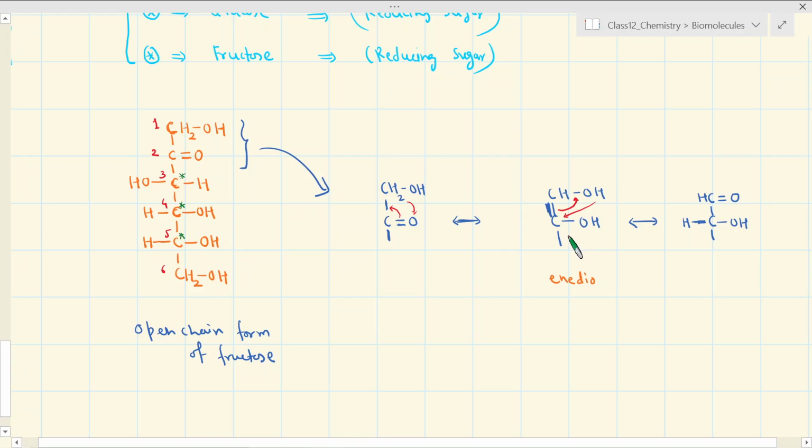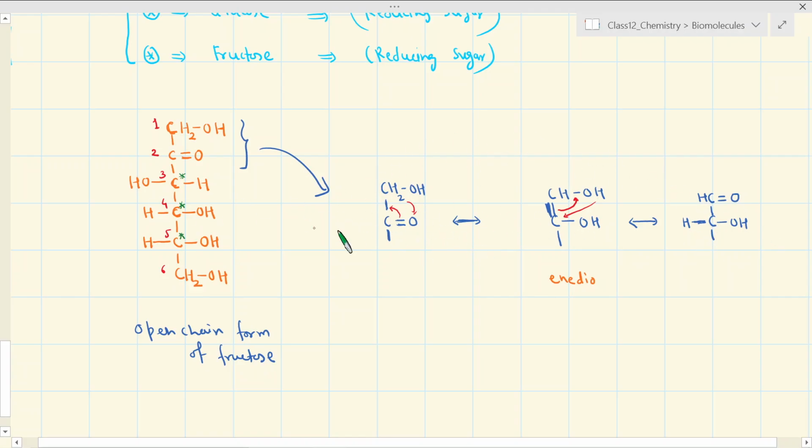Remember that kind of isomerism where I used the term tautomerism? It is the same thing. It's just that because you have two hydroxyls on two different carbons, you have multiple structure formation, so this is translated into this and this translates into this.